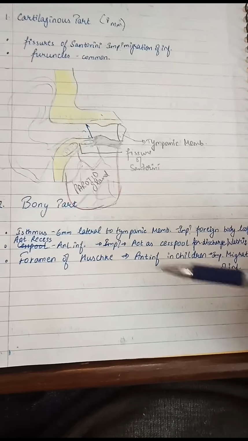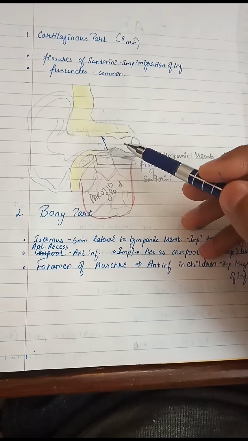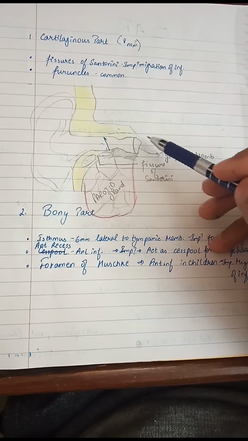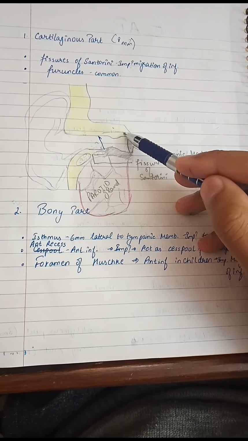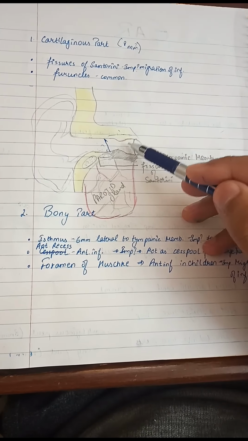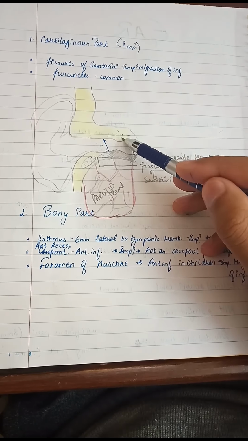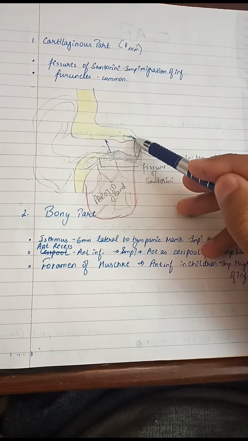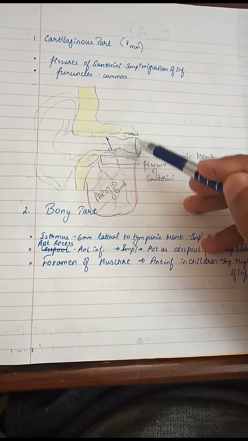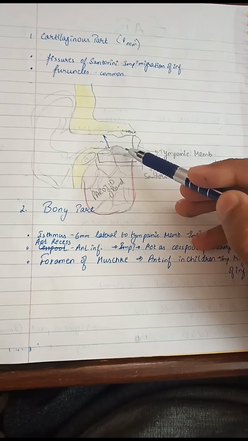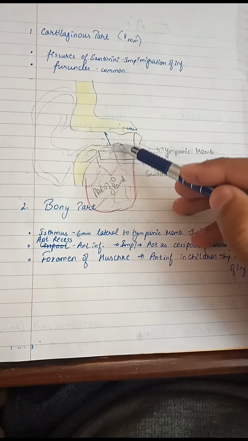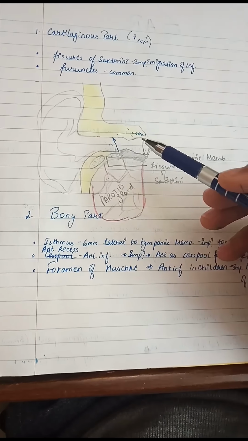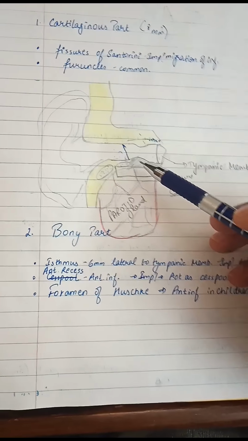Now if we discuss the bony part, as we have discussed, it is 16 mm in length. About 6 millimeters lateral to the tympanic membrane, the canal is somewhat bulged, and this bulged part is called the isthmus.